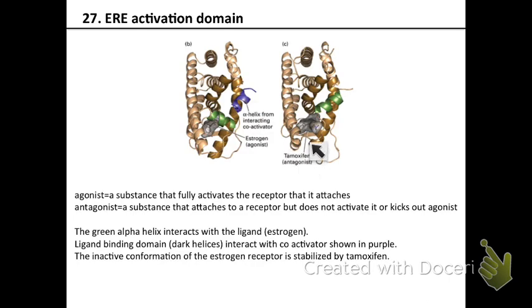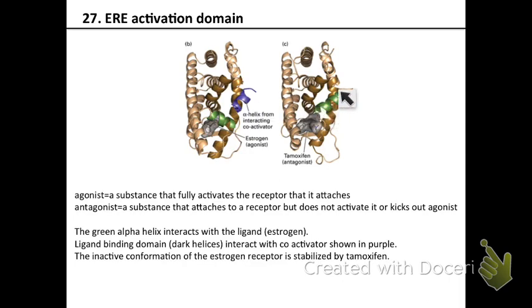Now we look at the same estrogen receptor structure in the presence of an antagonist, which is a substance that attaches to the receptor but does not activate it or kicks out the agonist. So when the tamoxifen is actually bound to the estrogen receptor, what it does is it shifts the position of this alpha helix so that it covers the place where normally it would interact with the coactivator.